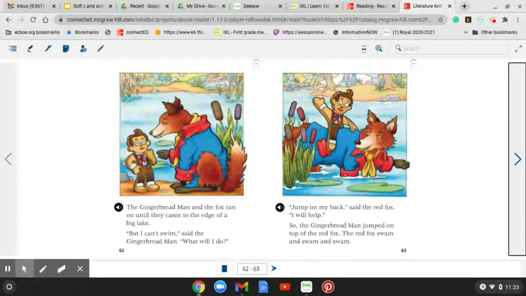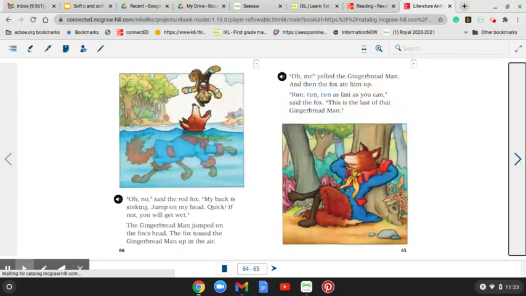Yes, he did. The effect was he jumped on the back of the fox. Oh me. Have you changed your mind about what you think may happen to the gingerbread man? Well, let's move on and let's see if he makes it safely across the water or not. All right. Oh my, the illustrations are giving it away already.